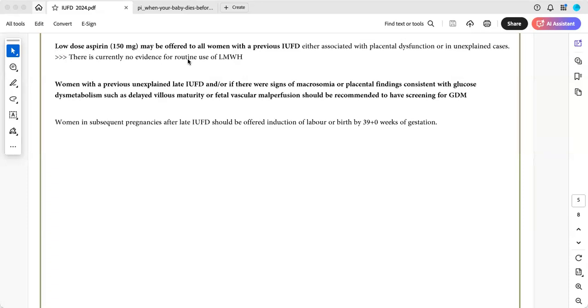Low dose aspirin, 150, may be offered to all women with a previous IUFD, either associated with placental dysfunction or unexplained. So if you have a case with a previous IUFD to take care of in the current pregnancy, one thing that you will offer is the aspirin, regardless of what the cause of the previous IUFD was.